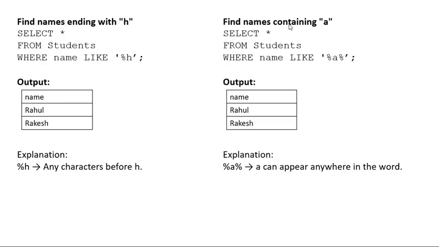Now find the names containing a: SELECT * FROM student WHERE name LIKE '%a%'; The output is the names Rahul and Rakesh, where a is between the letters. Explanation: the percentage can appear anywhere in a word, before and after the a in a name, so the student names are printed.